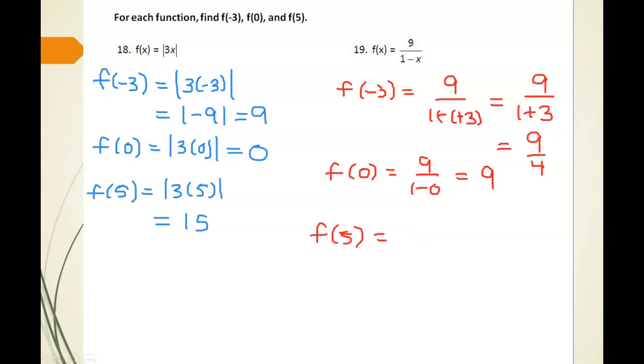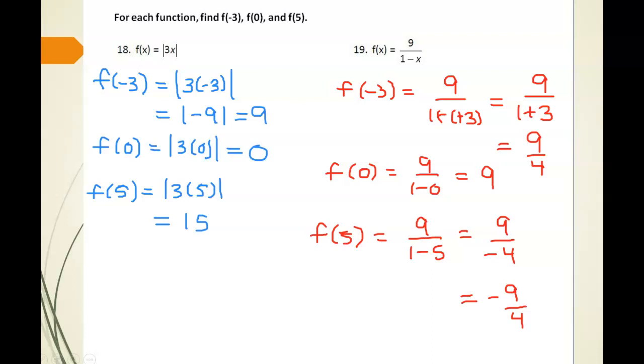F of 5. So you get 9 divided by 1 minus 5. Well, that's the same as 9 over negative 4, which if you don't like the negative in the denominator, that's the same as negative 9/4. That negative is fluid and can move up or down.